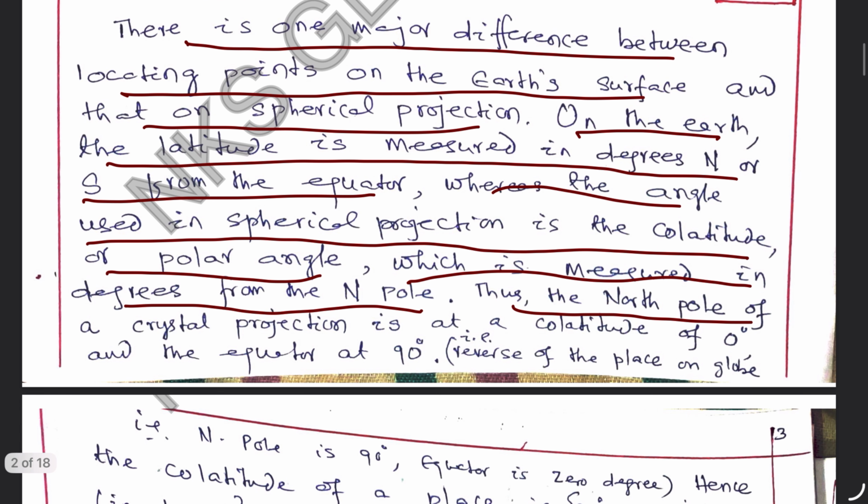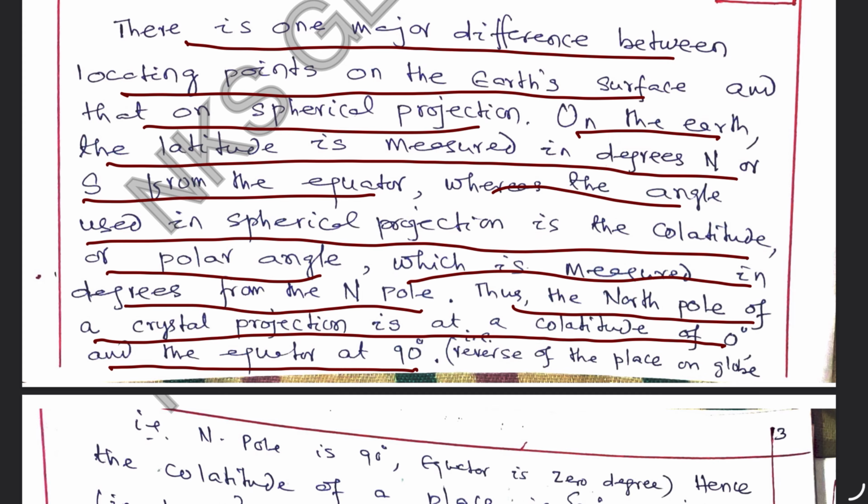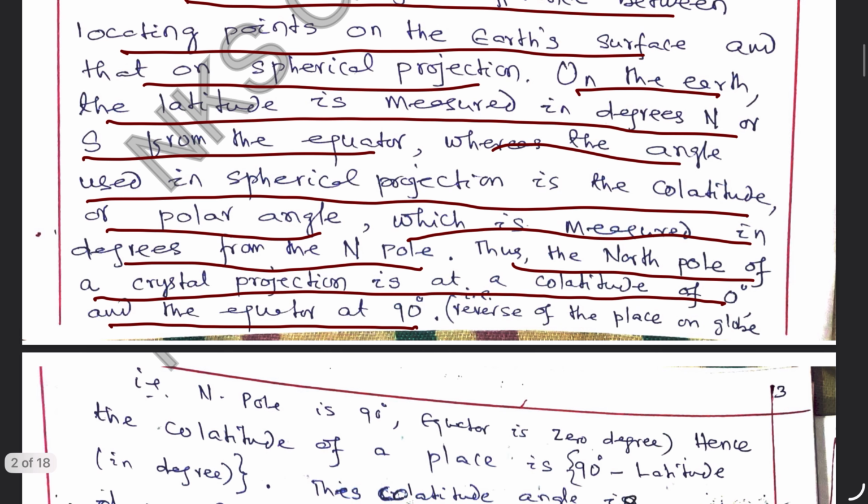Thus, the north pole of a crystal projection is at a co-latitude of 0 degree and the equator is at 90 degree. That is the reverse of a place on the globe, because in latitude the north pole is 90 degree latitude and the equator is 0 degree latitude, but in the spherical projection, the north pole represents 0 degree and the equator is 90 degree.